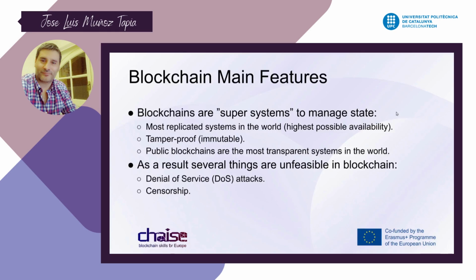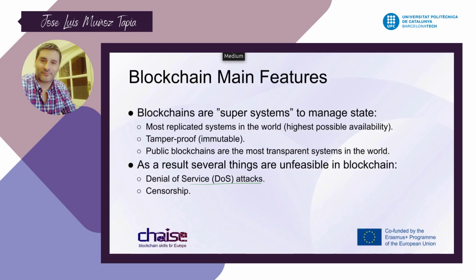As a result, many attacks or many things are impossible or infeasible in a blockchain system. In particular, denial of service attacks are impractical in big blockchain networks, because it is impossible to make the network go down.